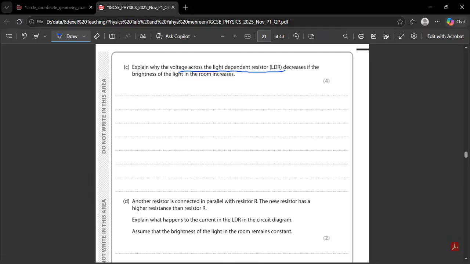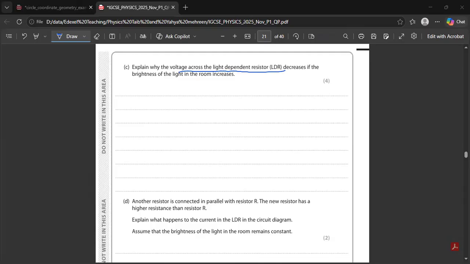That means the resistance of the LDR is going to decrease. What do you think? Yes, when the resistance decreases, the voltage also decreases, right?